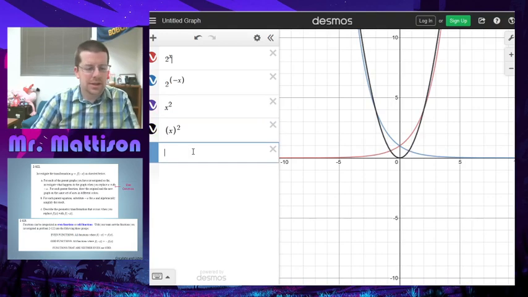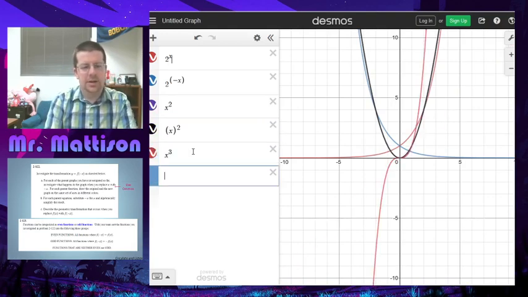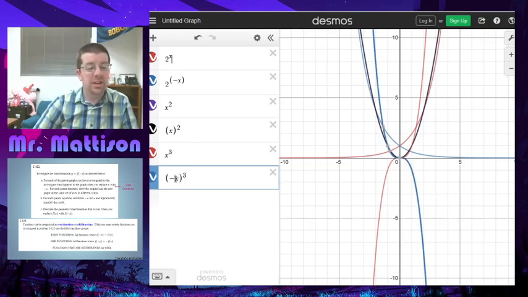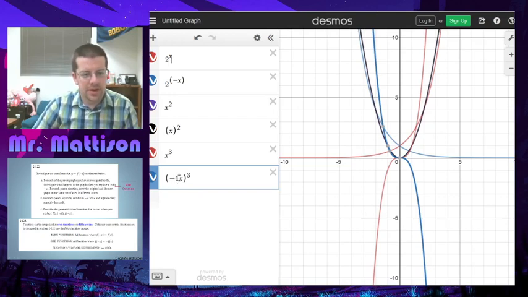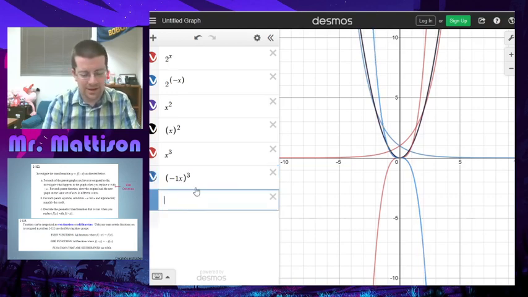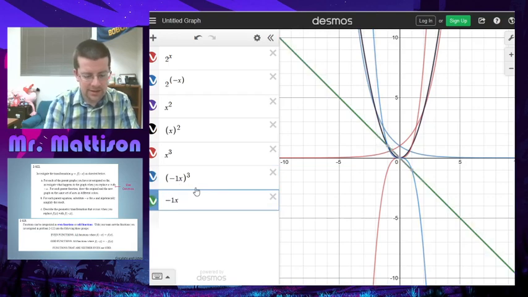What if I did x to the third and negative x to the third, right? Well, here, same thing. If I do this, right? Well, -1 to the third power, that's going to be a -1. And then x to the third is going to say x to the third. So that's like a -1 times x to the third.